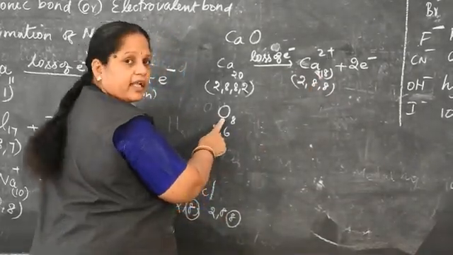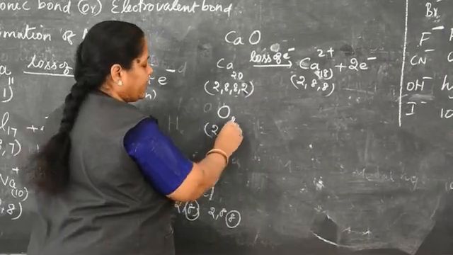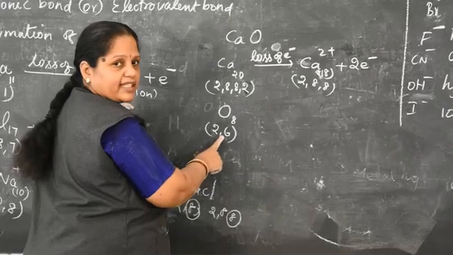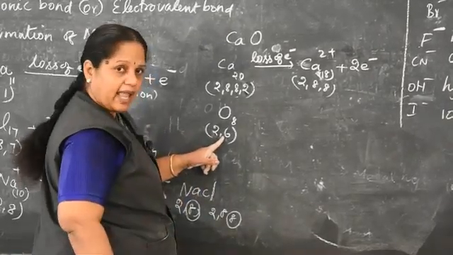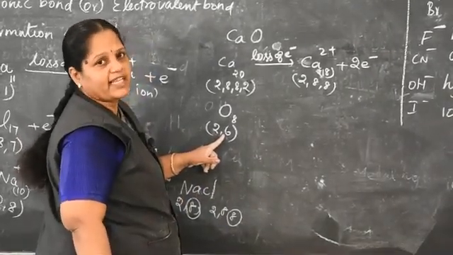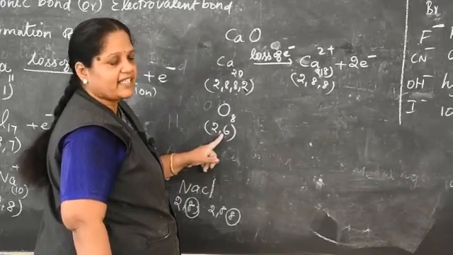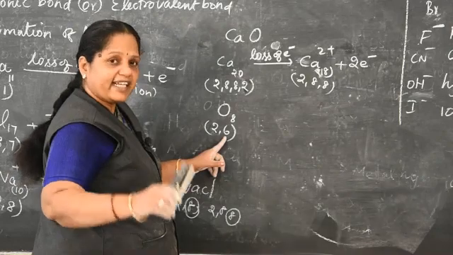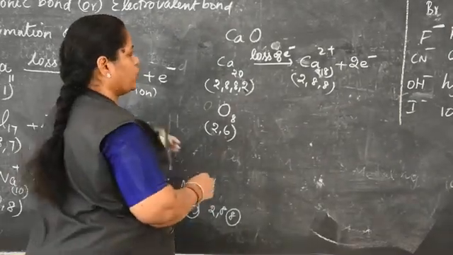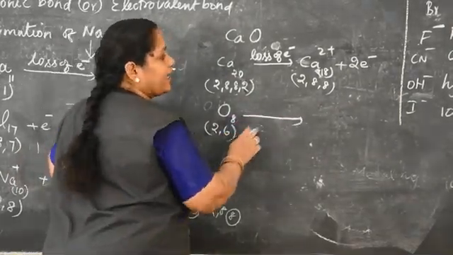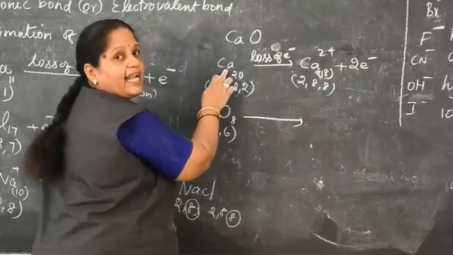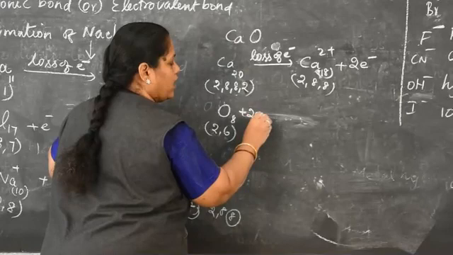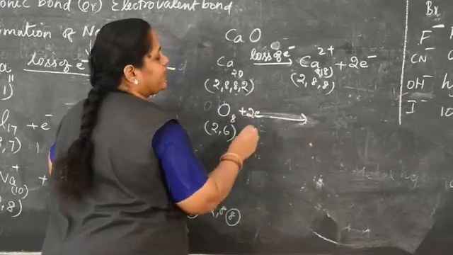Oxygen's electronic configuration is simply represented as 2, 6. For attaining an octet, which means 8 electrons in the valence shell, it needs 2 more electrons. That's why it is ready to accept the 2 electrons from the calcium atom.